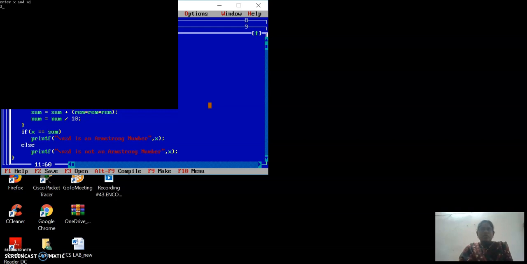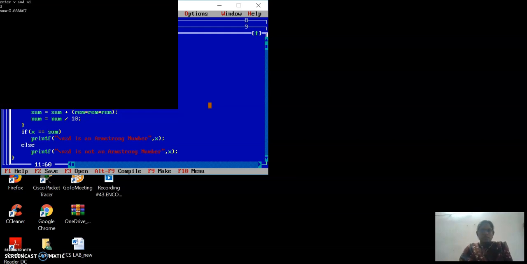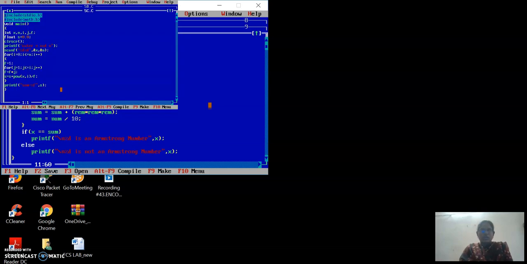So totally it will be 16 by 6. So I should get the answer as 2.66667. Yes, the same answer I got. So this is how you are going to calculate the sum of a given series, be it sine series or cos series, everything.